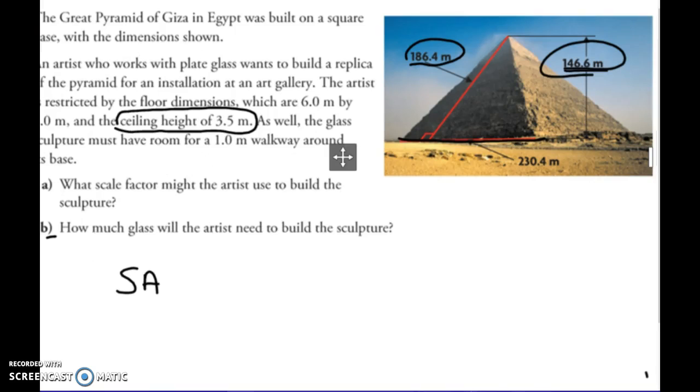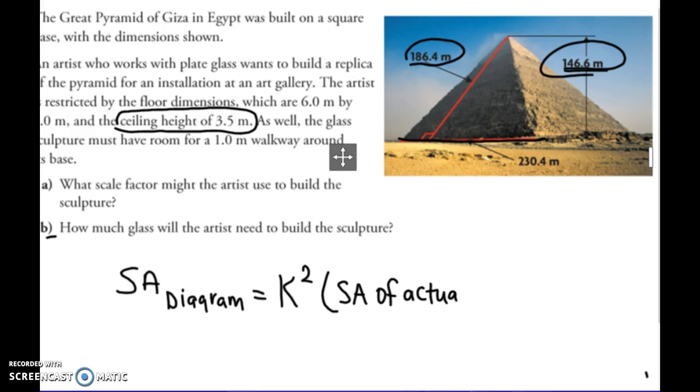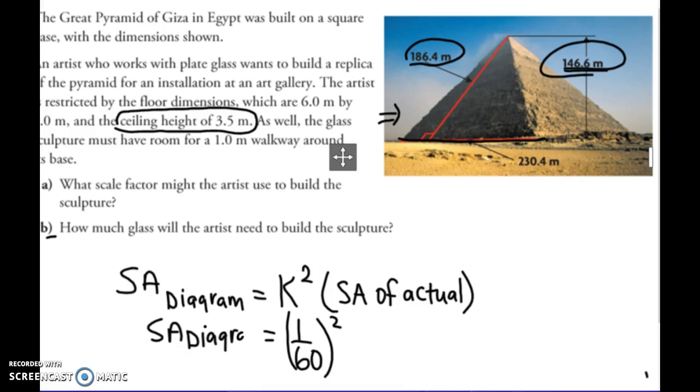So we'll put surface area diagram is equal to k squared, so the scale factor squared, times the surface area of actual. So that means we have to find the surface area of this pyramid here, in order to find out what the surface area of the diagram would be. Because we know that the scale factor we said was 1/60th, so we can put that piece in. So all we're looking for is the surface area of the actual pyramid.